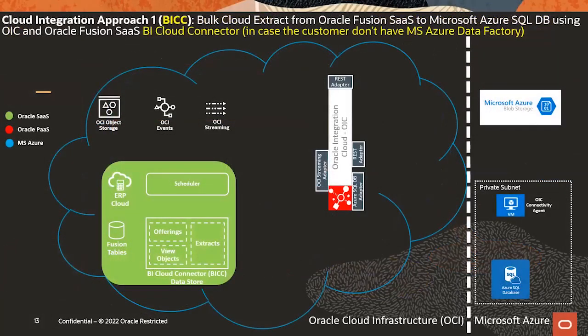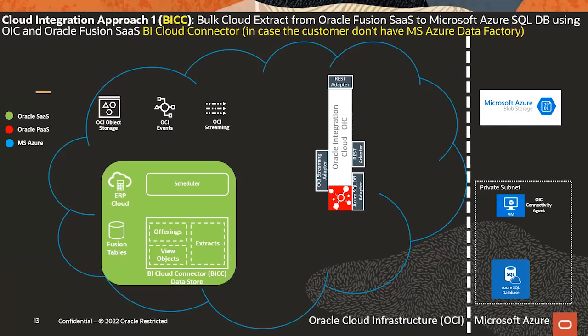The second approach, or approach one, is specifically for Oracle Fusion SaaS applications like Oracle ERP Cloud or even Oracle Engagement Cloud, CXLs, where we can leverage a capability from Fusion SaaS called the Business Intelligence Cloud Connector.